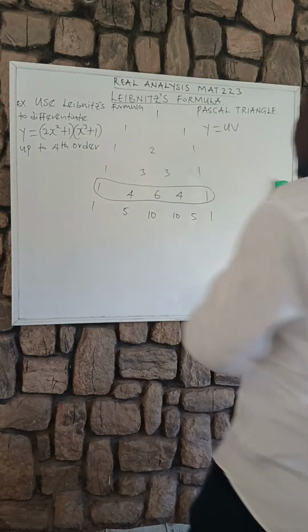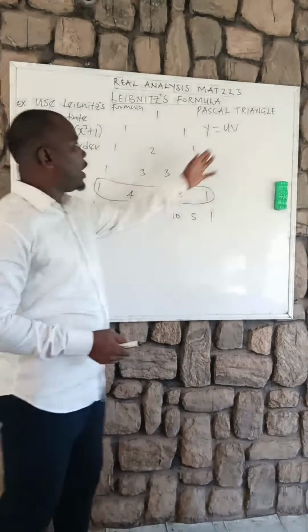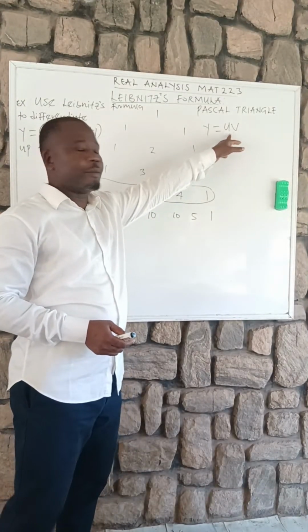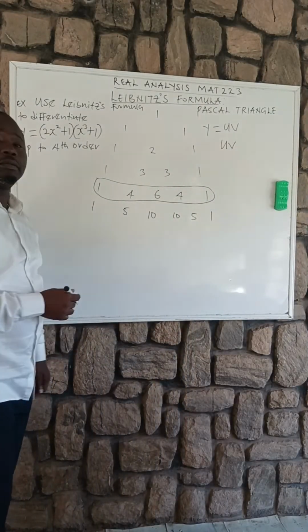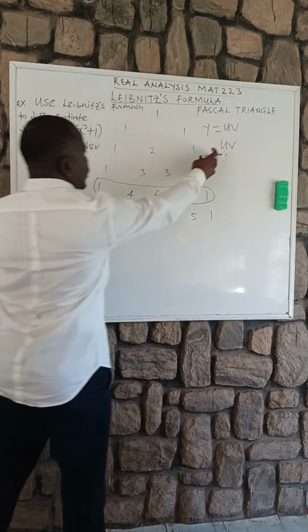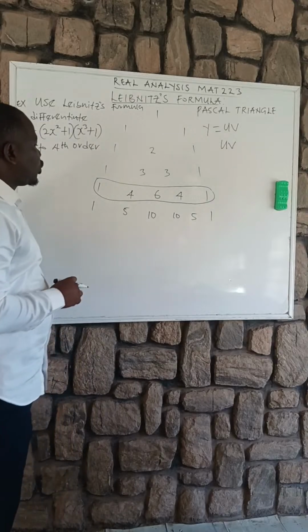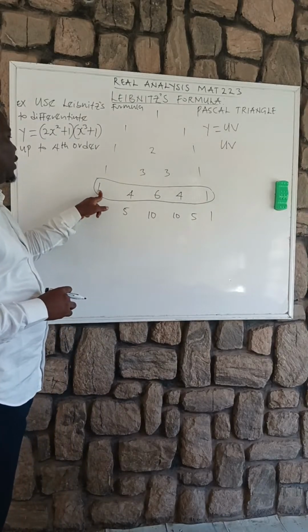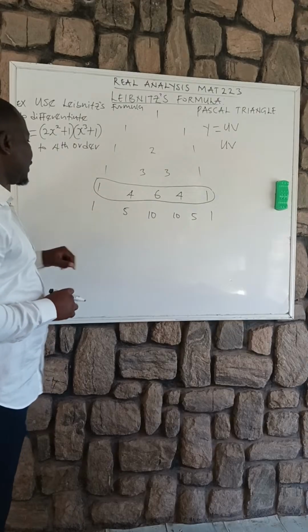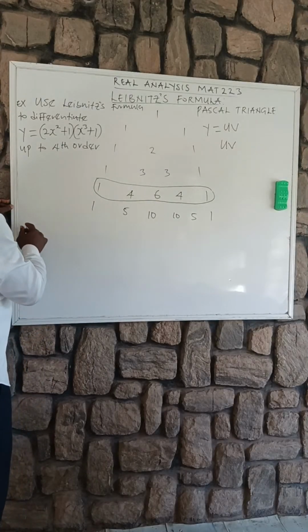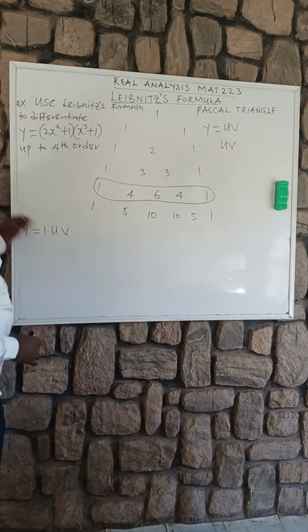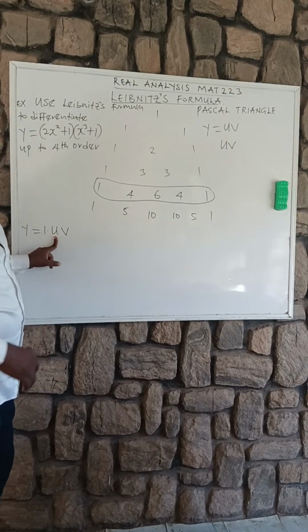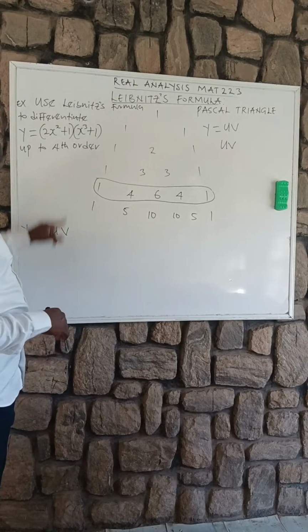So what we are going to do here is use this UV to multiply what is there. The coefficient there is 1. So our y will now be equal to 1 times UV, where U carries the highest order, which is the fourth.